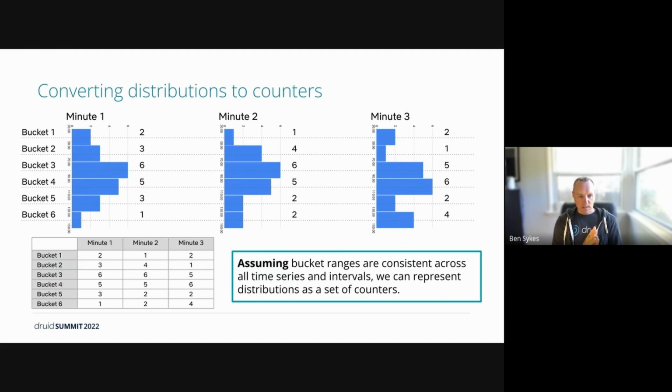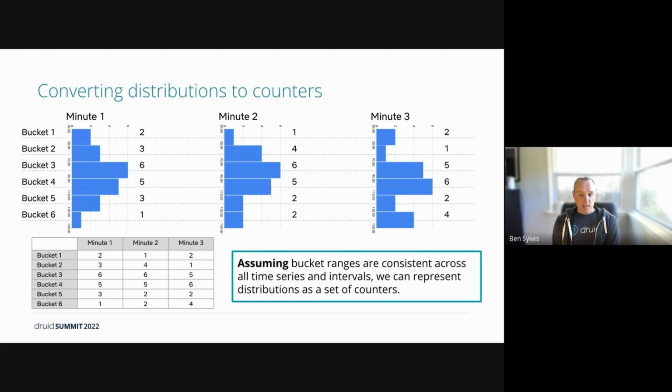But having these as counters, so we've got bucketized counters, we can then aggregate these very easily. So this is assuming that the bucket ranges are consistent across all of the samples that we have here. And we can enforce this because we designed the bucketing scheme, which I'll talk about in a moment.